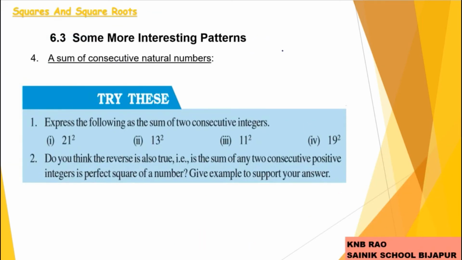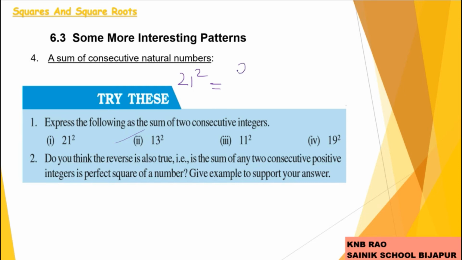Express the following as the sum of two consecutive integers. So 21 square we can express as (21 square minus 1)/2. 21 square is 441.